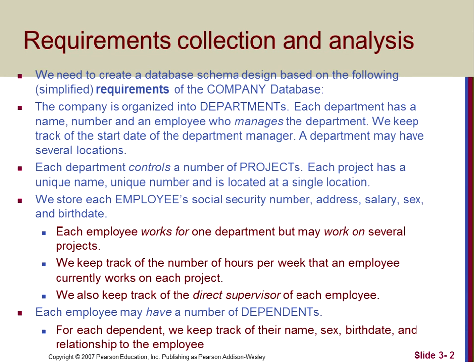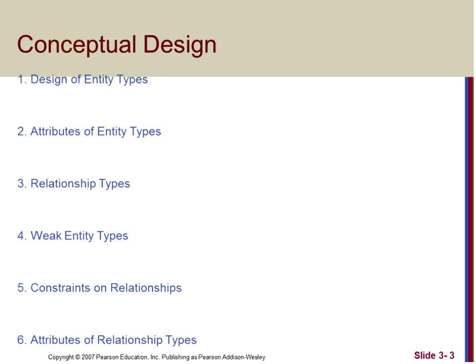These are the entity types, as you can see from the first step. First step is the design of the entity type, which means that we are going to identify the entity type. What is the entity? An entity is a real existing thing. For example, from your company database, we identify several employees.